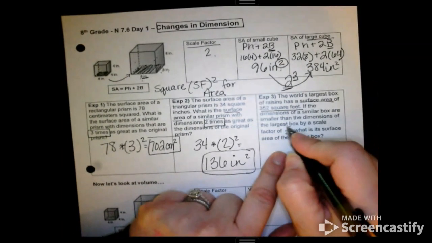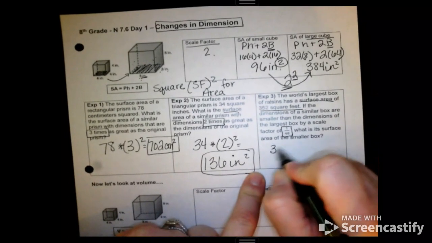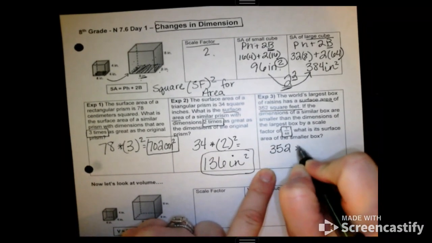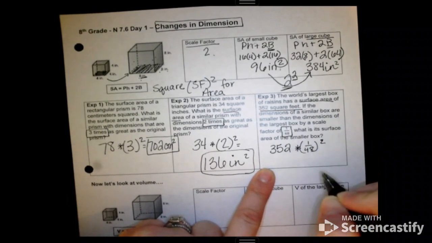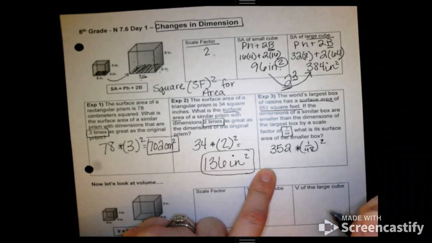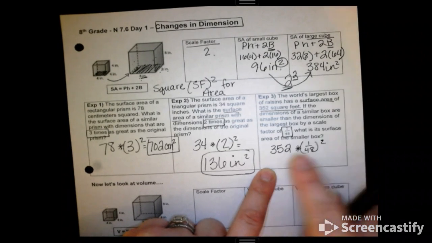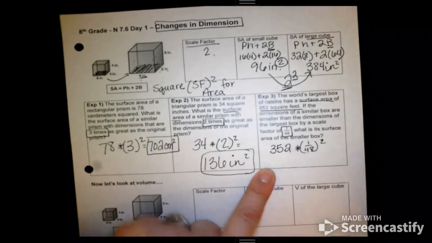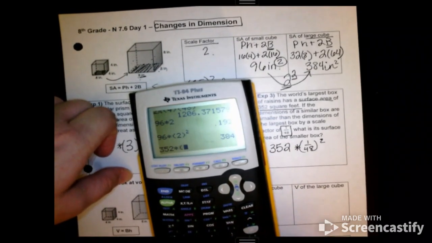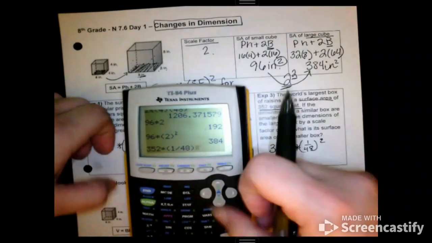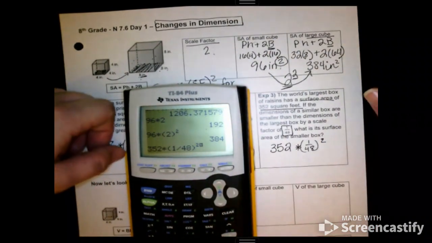So right here I have a fraction. Is that smaller than 1? Yes. Okay, so if I'm multiplying it by a fraction squared, can I expect my number to get smaller? Yeah, a lot smaller, because that is a very tiny number. So you need to make sure, when I multiply it by a fraction, I put it in parentheses.